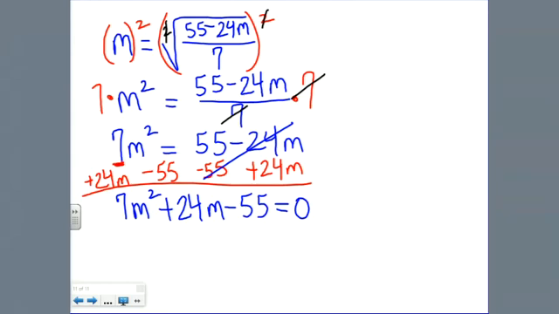Now, our quadratic equation is in standard form, so we can use our quadratic formula to solve it. So let's write down our quadratic formula. Let me transfer our quadratic equation over first.